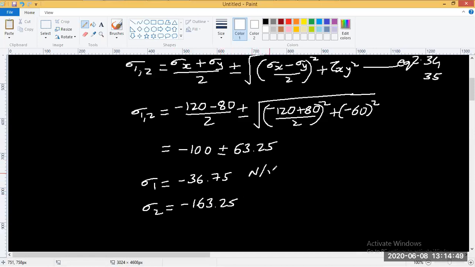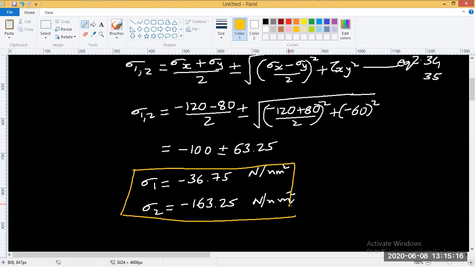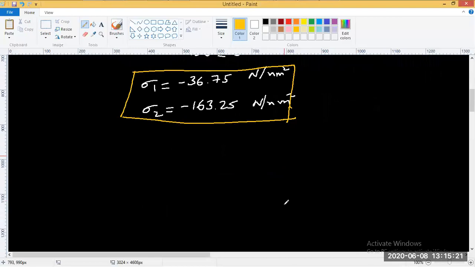Okay, so this is in Newton per mm square. This is also Newton per mm square. So these are your principal stress values here. You can see both are compressive type. So these will probably fail in a compressive fashion as predicted. Okay, sigma 1 and sigma 2, which are principal stresses, what we have found.